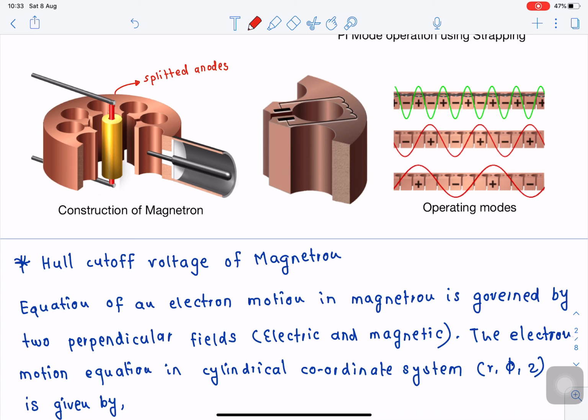At the center we have the cathode. The space between the cathode and anode we call the interaction region. This gap is the interaction region.